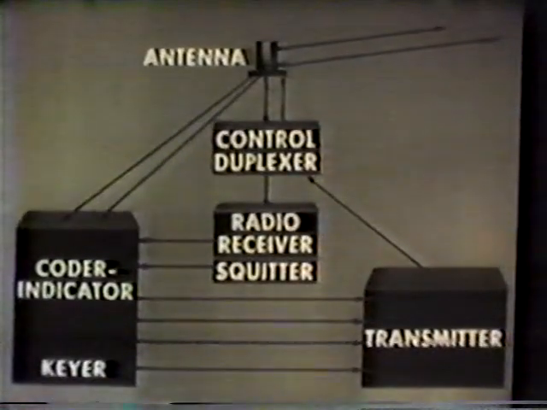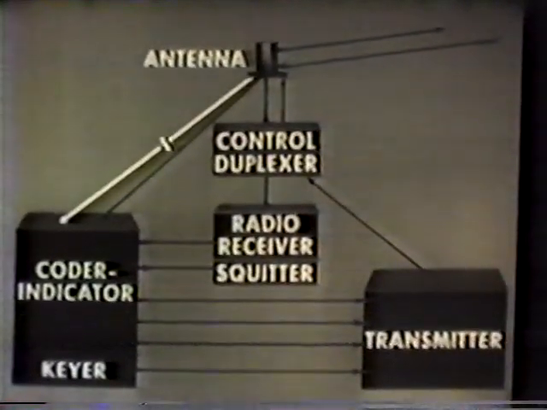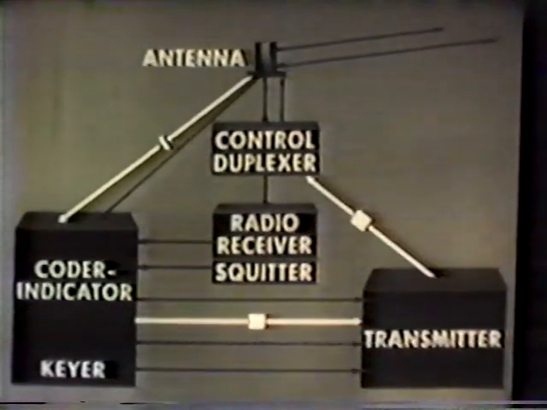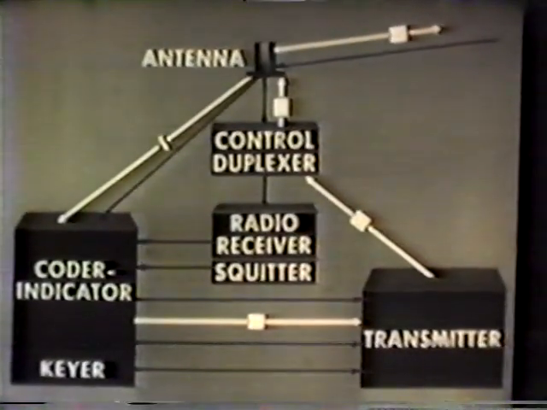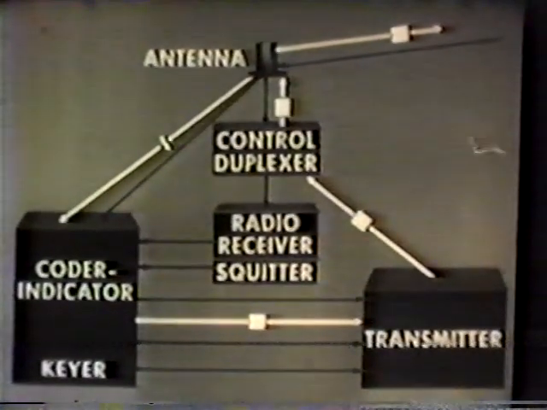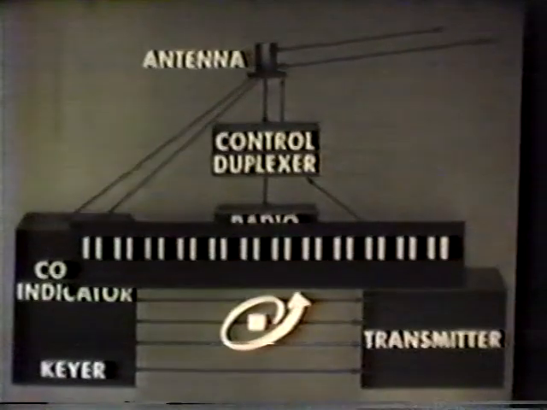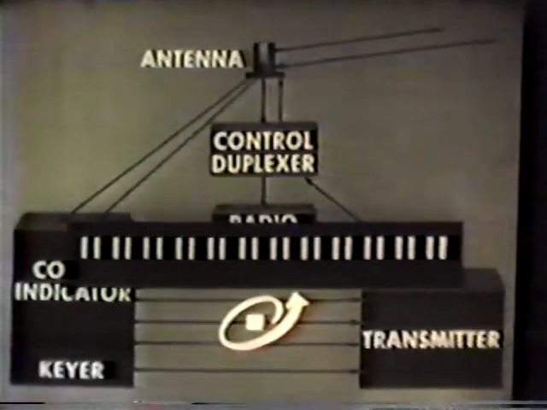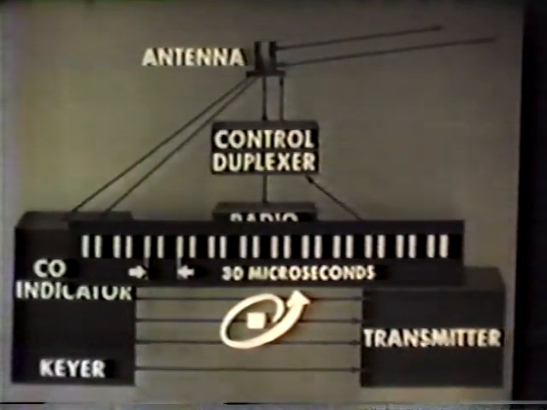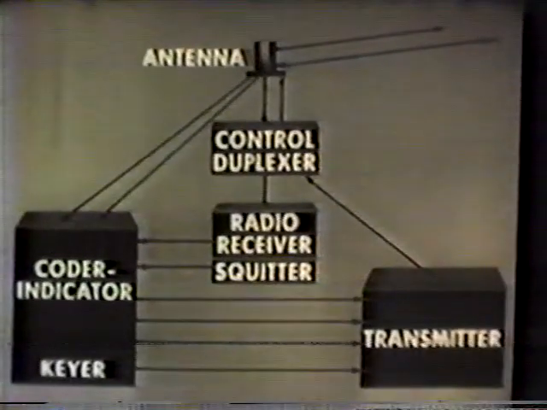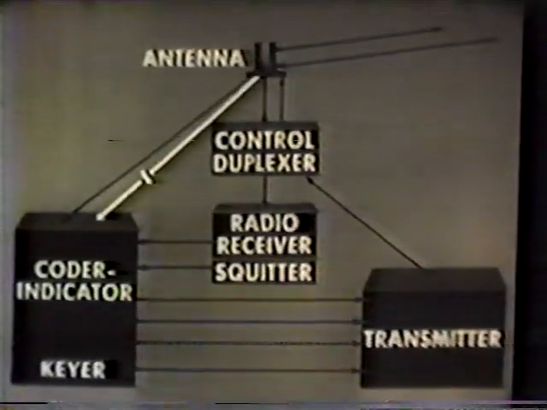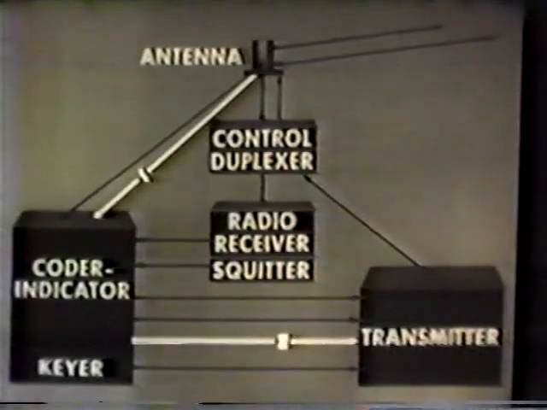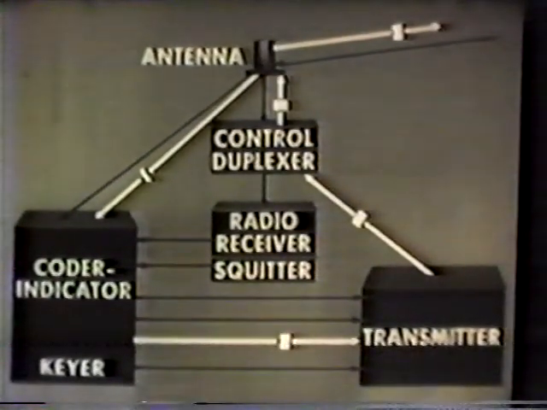The coder indicator also receives impulses from the antenna base that trigger transmission of fundamental reference burst trains. A fundamental reference burst train consists of 12 video pulse pairs spaced 30 microseconds apart. Similarly, the coder indicator receives impulses from the antenna base to trigger auxiliary reference burst trains.